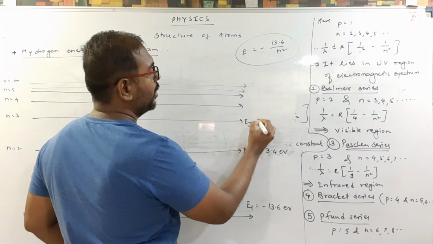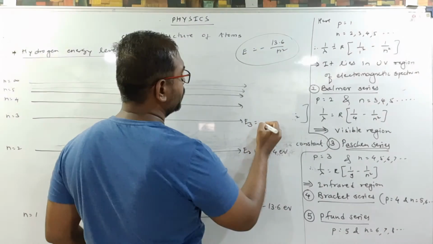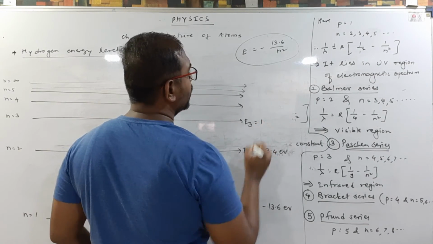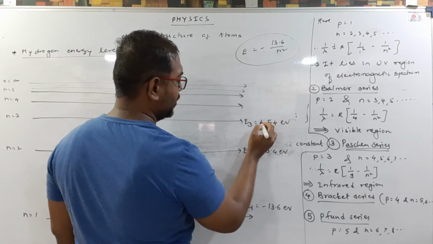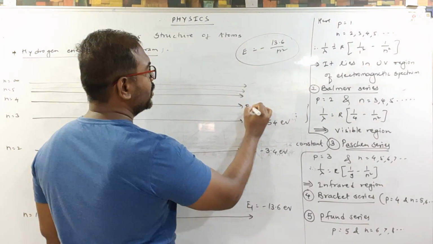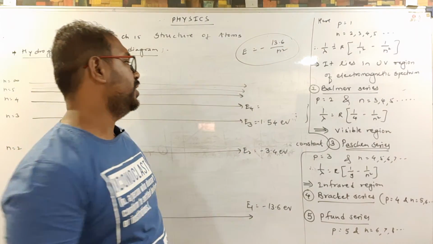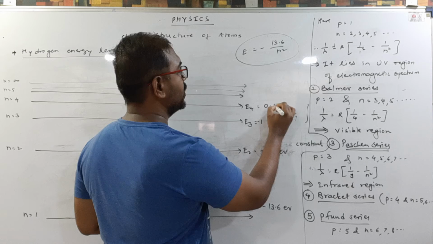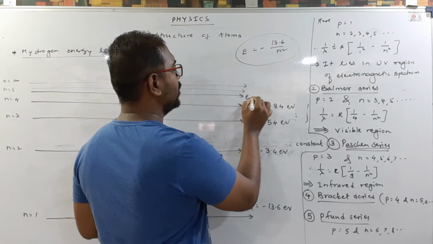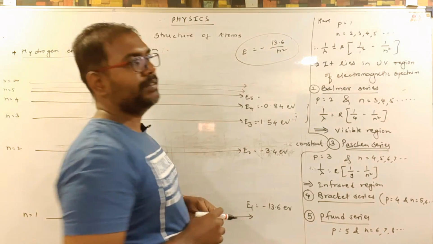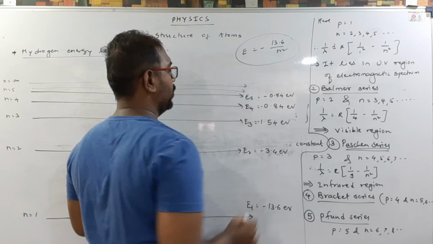If n is 3, then 13.6 by 9 comes to minus 1.51 electron volt, and minus everywhere. Energy of the fourth orbit: 13.6 divided by 4 square, which is 16, so it is minus 0.85 electron volt. Energy of the fifth orbit: 13.6 divided by 25 comes to minus 0.54 electron volt.